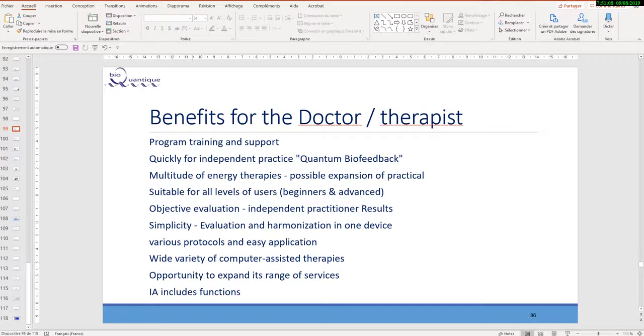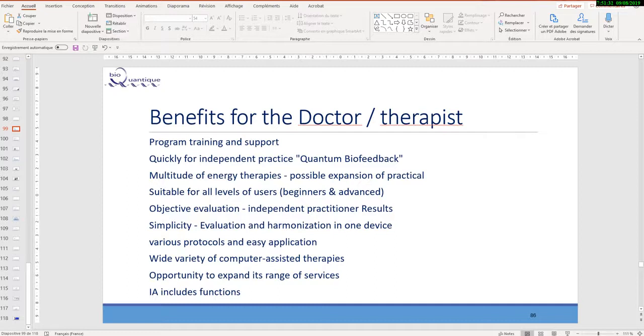It is simple, what we are doing, because it is a portable holistic medical clinic. So everything is in one device. We have various protocols and easy application, a wide variety of computer-assisted therapies, and the opportunity to expand our range of services.